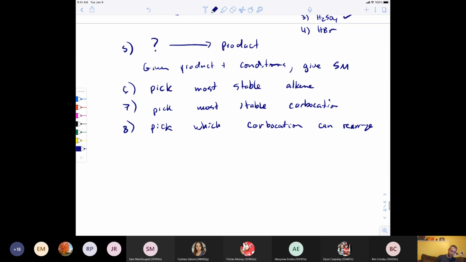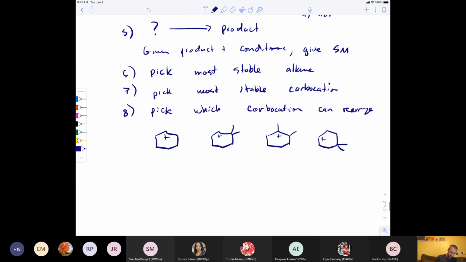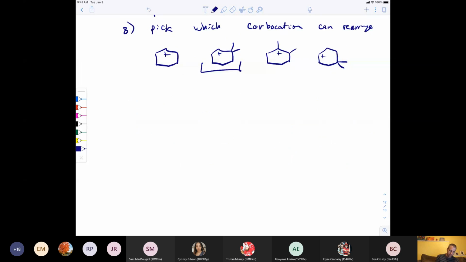So if I gave you 4 carbocations, pick which one can undergo a rearrangement. The answer is this one.